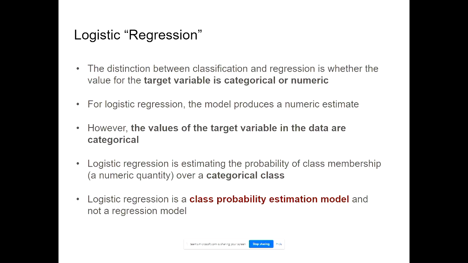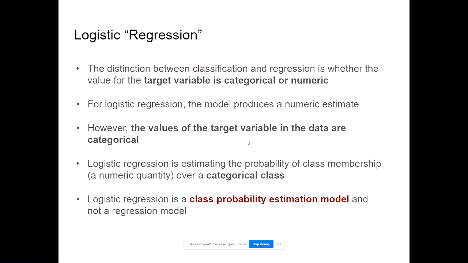So with logistic regression, the model does produce a numeric estimate, but it's a probability of an individual belonging to a particular class. So that's why I think it's helpful to think about logistic modeling as more of a classification scenario, because the values of our target variable are categorical.